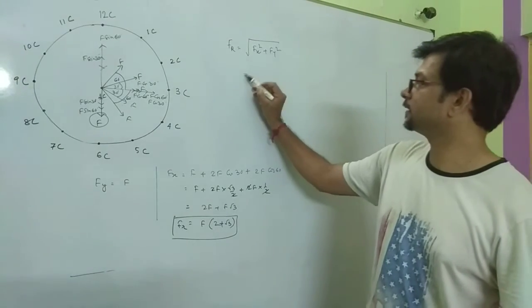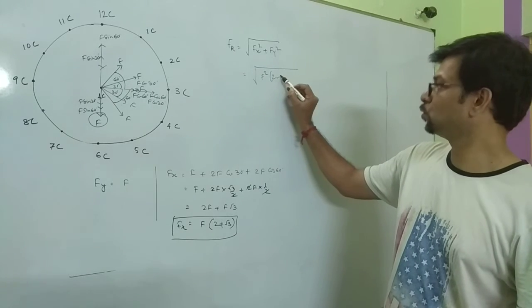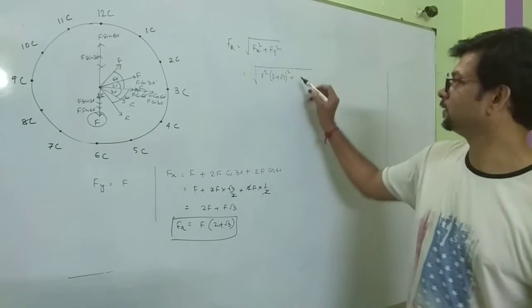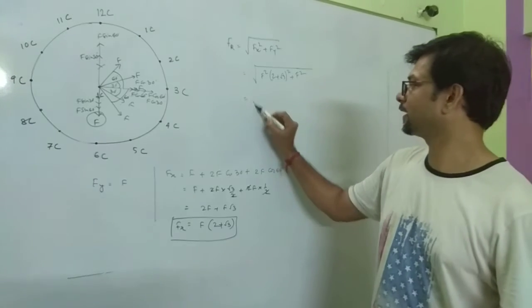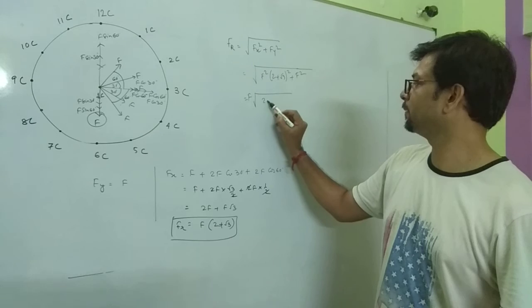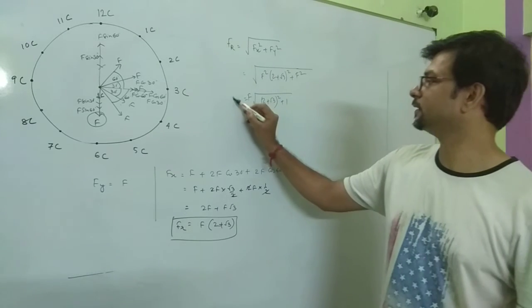So it can be written as root over Fx square, that is F square times 2 plus root 3 whole square, plus Fy square, that is F square. We can take out F square common, so it will be F times root over 2 plus root 3 whole square plus 1, that is the Fr.